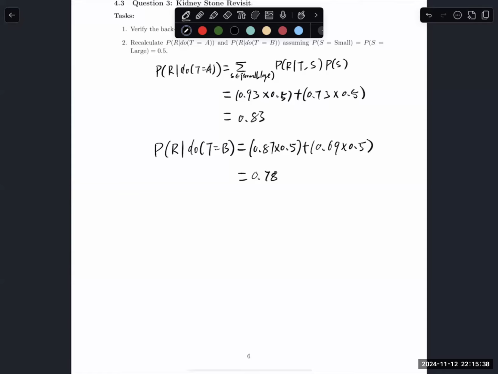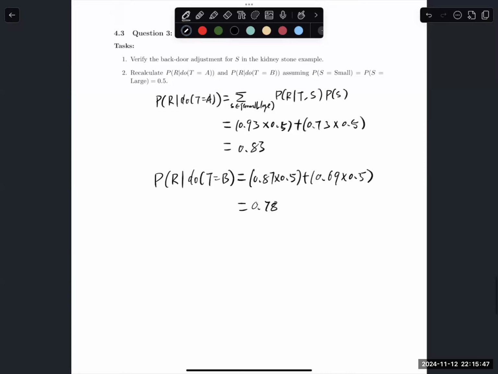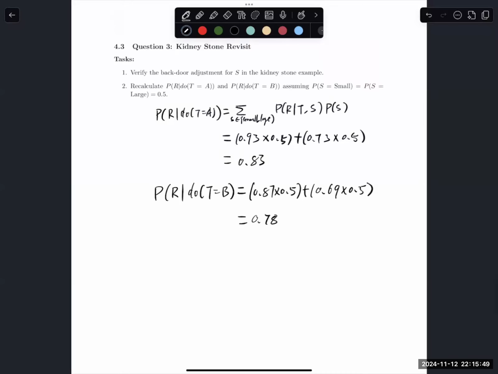And this concludes that after adjusting for the stone size, treatment A is more effective, with a recovery probability of 0.83 compared with 0.78 for treatment B.